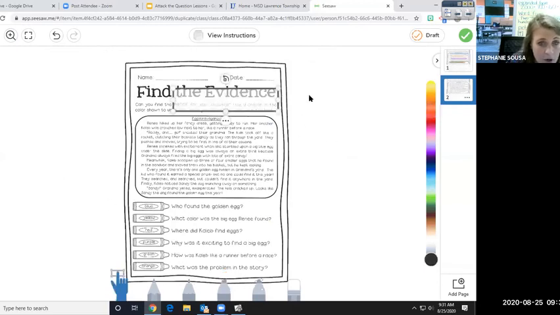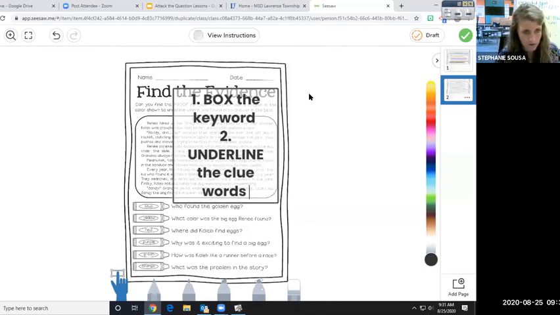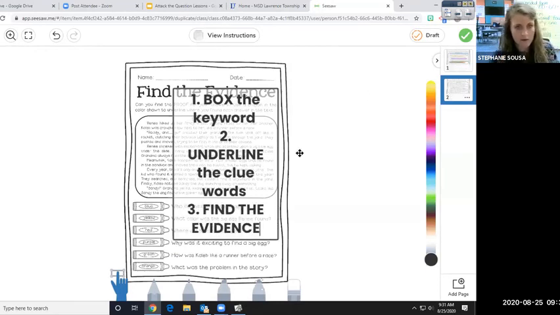And remember, the first step is to box the keyword. Box the keyword. Second step is to underline the clue words. Third step is to find the evidence, okay?